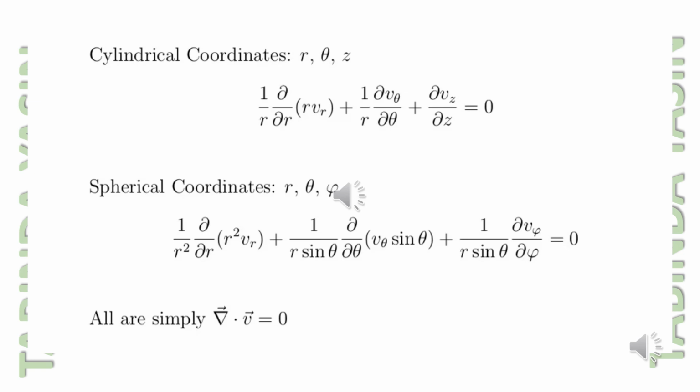In spherical coordinates r, theta, and phi, it is 1 over r squared partial over partial r of r squared vr, plus 1 over r sin theta partial over partial theta of v theta sin theta, plus 1 over r sin theta partial v phi over partial phi, equal to 0. All of these are simply del dot v equals 0.